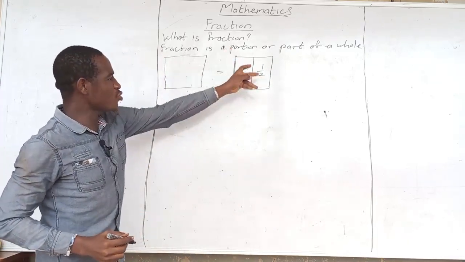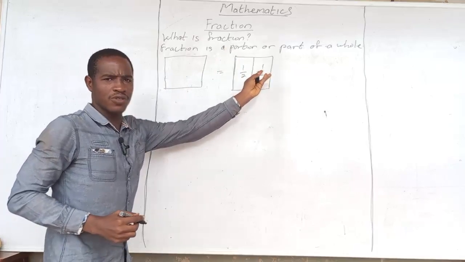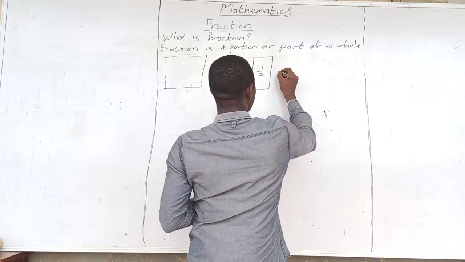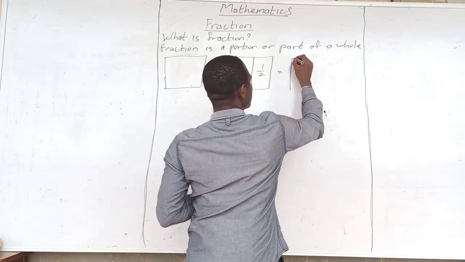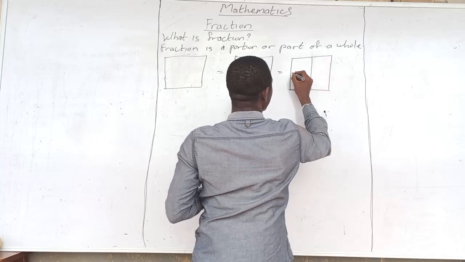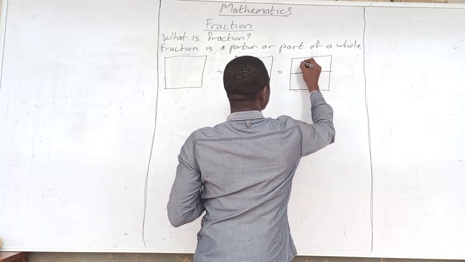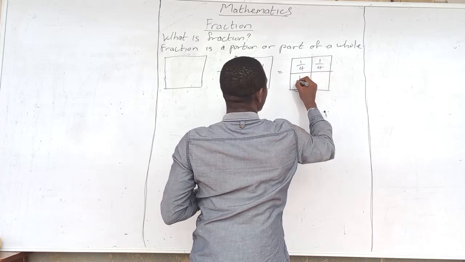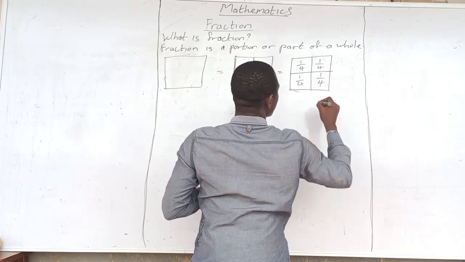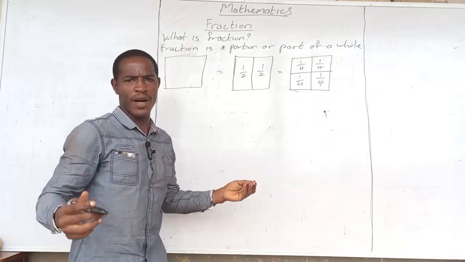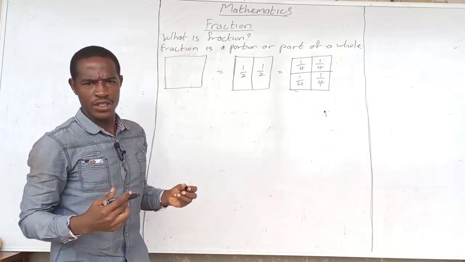That is one out of these two, and this is another one out of these two. It can also be broken down further, depending on how many parts you want to break that whole into.